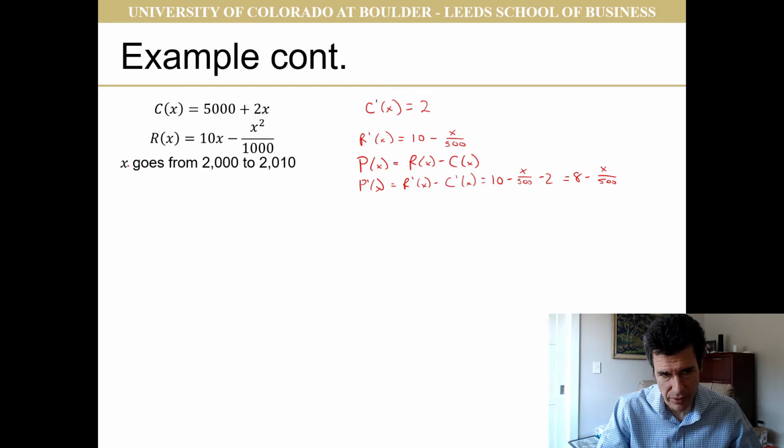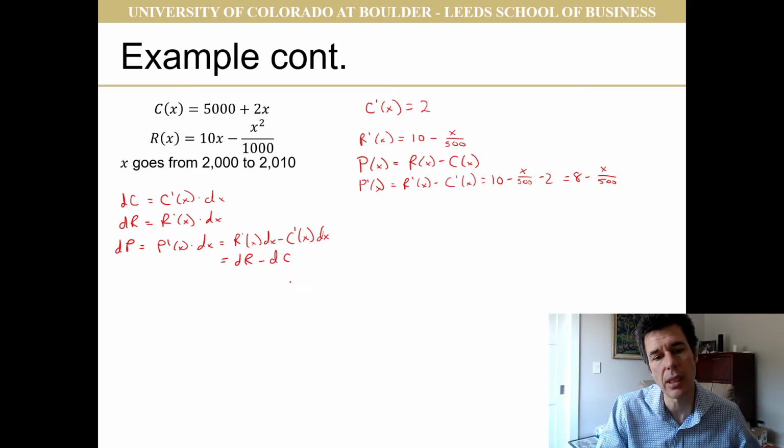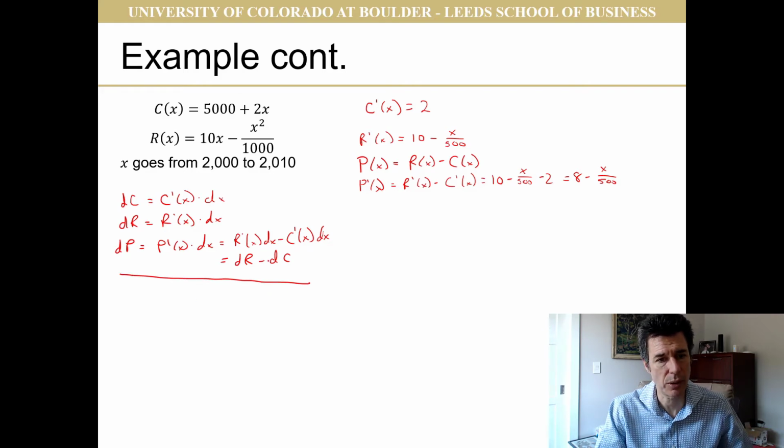Since this is asking for approximate, we want dC, the differential, which is equal to C prime of X times dx. dR is R prime of X times dx, and dP is P prime of X times dx, or R prime of X dx minus C prime of X dx, which is dR minus dC. First we need to calculate C prime and R prime. Well, I might not calculate P prime because I can just take the difference here.